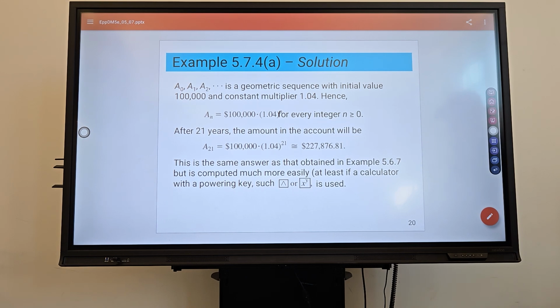After 21 years, the amount in the account would be 100,000 times 1.04 to the 21st power, or $227,876 and some change. That was the same answer that was obtained in example 567, but is computed much more easily, at least if a calculator with a powering key is used.